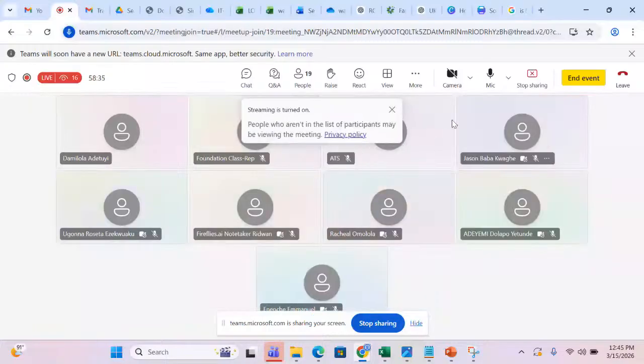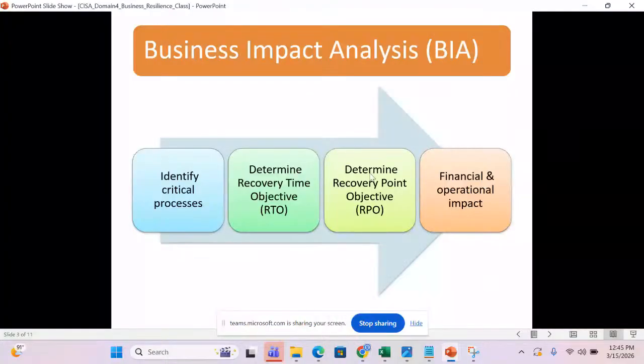I believe that you understand up to this point what the business impact analysis is, how you can identify your critical process in the organization as an IT auditor, how you can determine your recovery time objective based on your critical process, and how you can determine your recovery point objective, which is the minimum acceptable data loss time, and also determine the financial and operational impact.